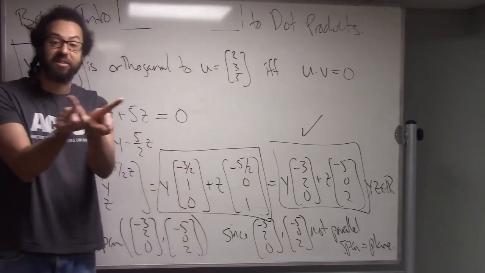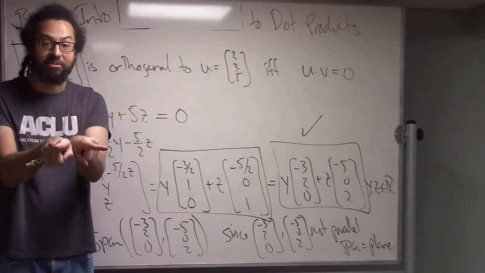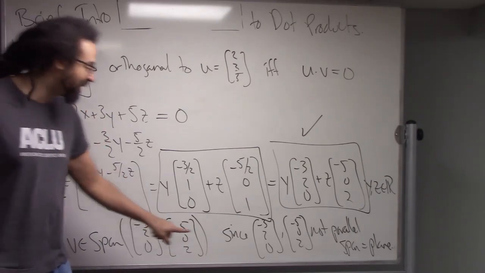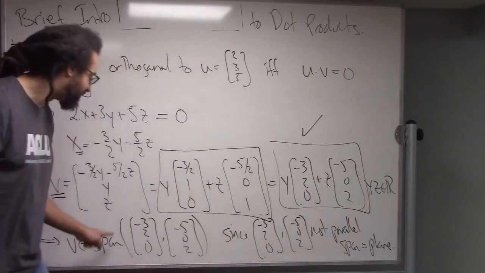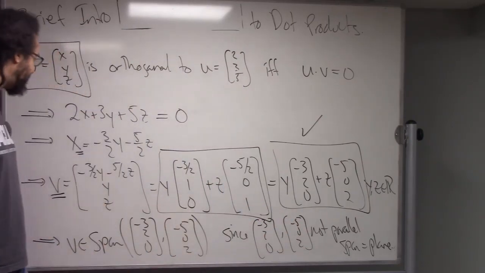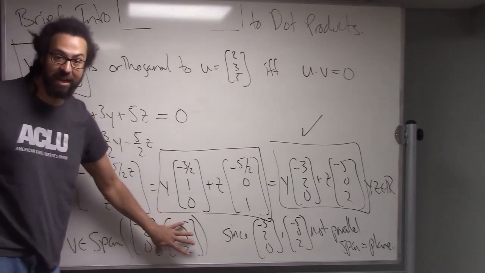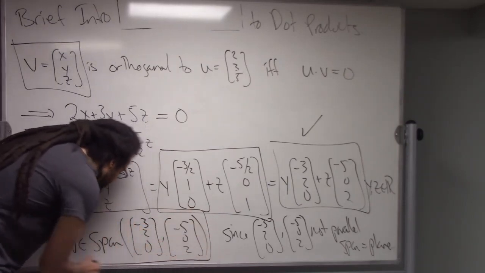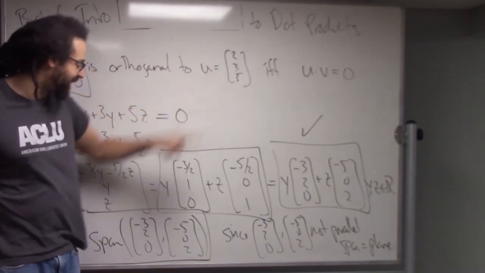And so what does the span look like? We went over this. The span of two non-parallel vectors is exactly a plane spanned by those two vectors. So because these two things are not parallel, the span of these two vectors is a plane. So here's the plane, here's the set of all vectors in R3, right? This is the set of all vectors in R3 that are all perpendicular to this fixed vector u.